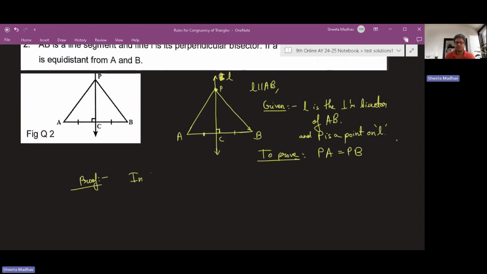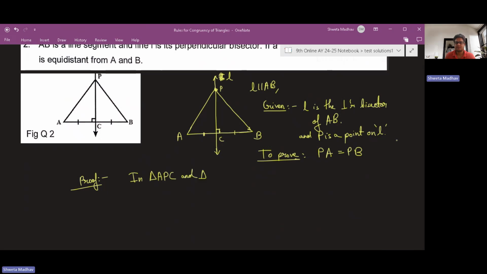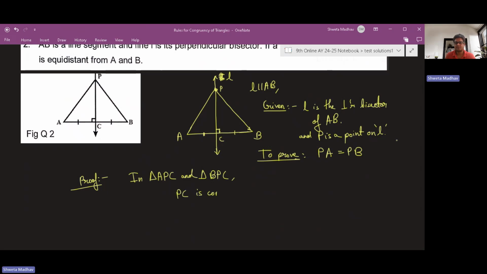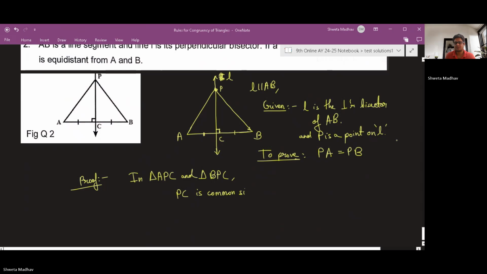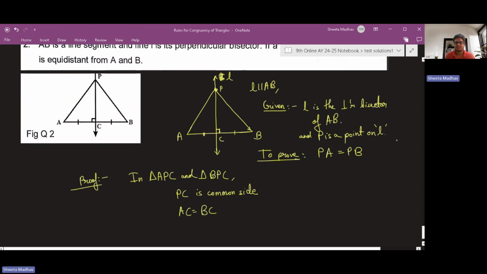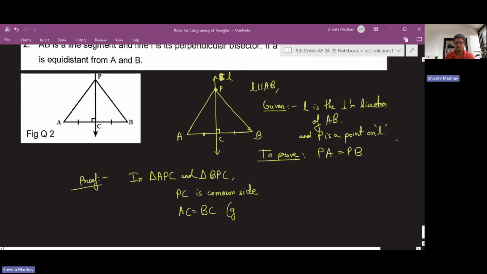We have to see that in triangle APC and triangle BPC, PC is the common side. And AC equals BC, which is given.